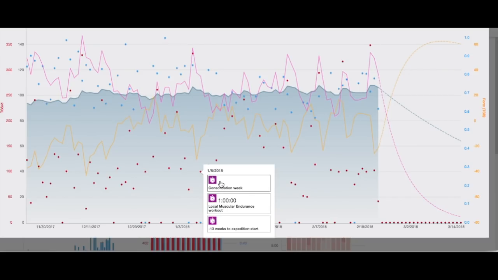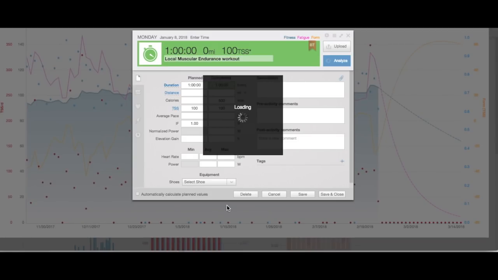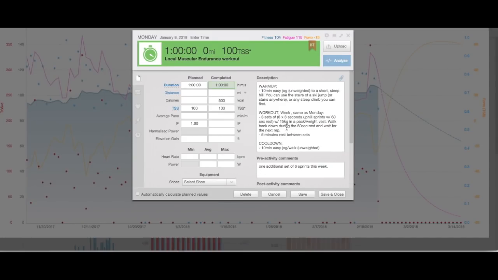This was the start of my other notes from that day. This was the start of a consolidation week, which makes sense given the big workout towards the end of the previous week. We start with a local muscular endurance workout, which means his legs, essentially.